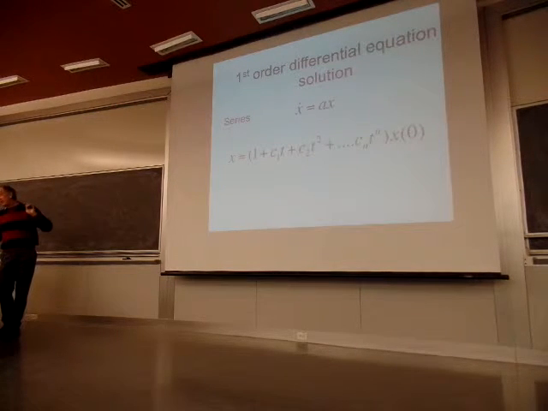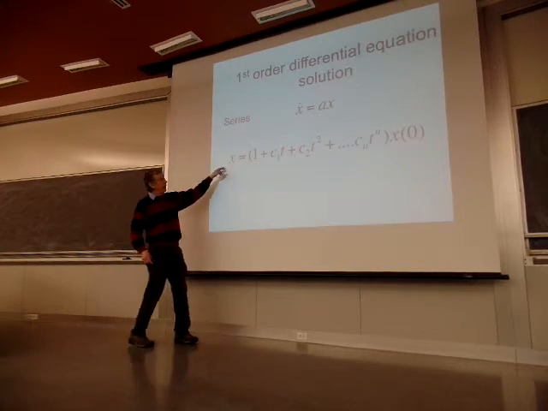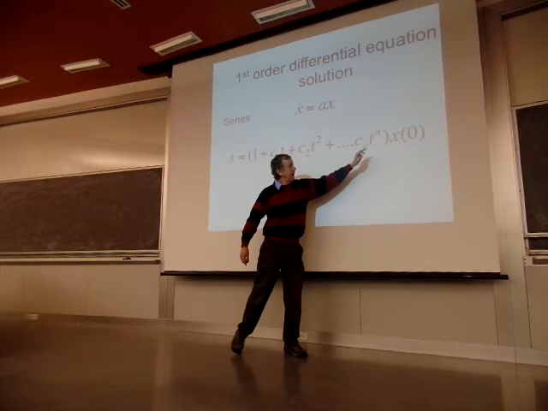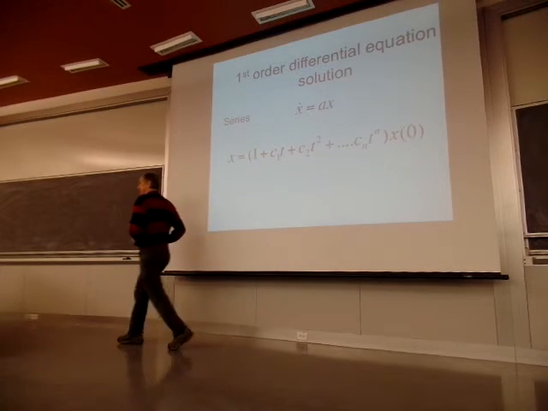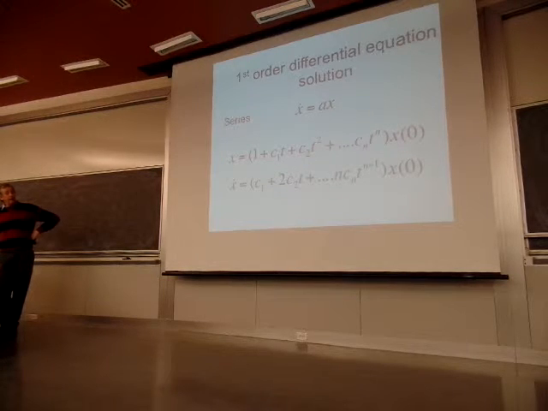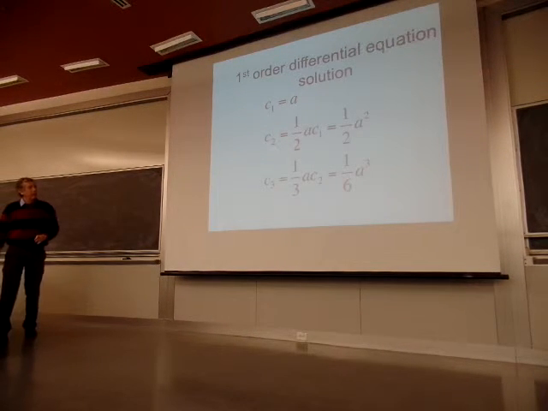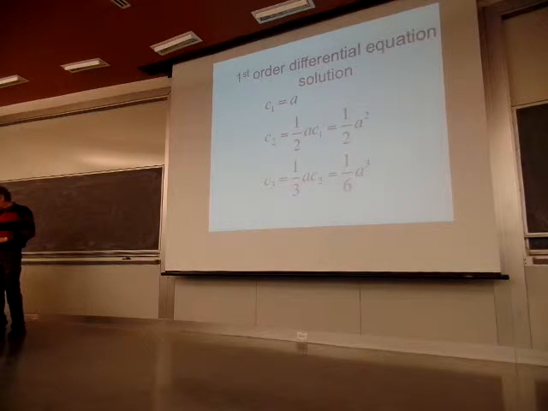But I want to bring this up because this is one of the ways to get the state transition matrix. I can always say that some value of x is going to be this whole series times the initial value of x. You can go through and put that x dot into the homogeneous equation, and solve for all the C1, C2, and so forth.